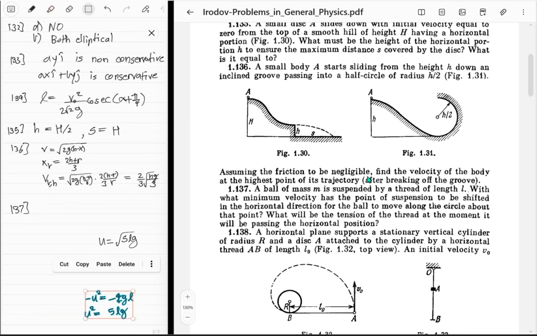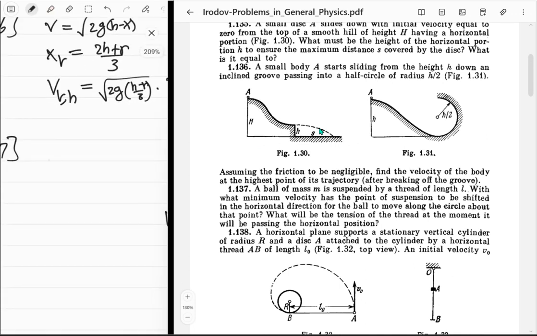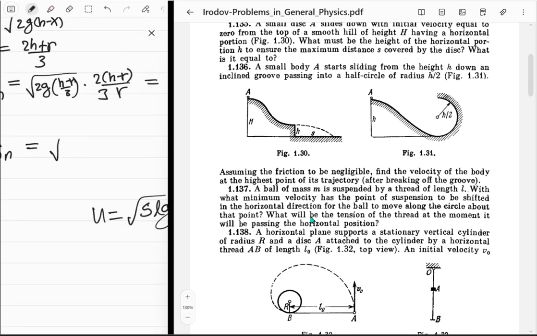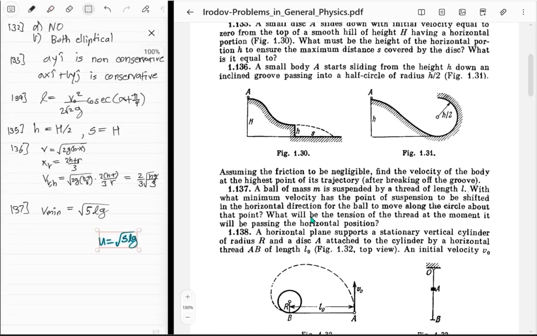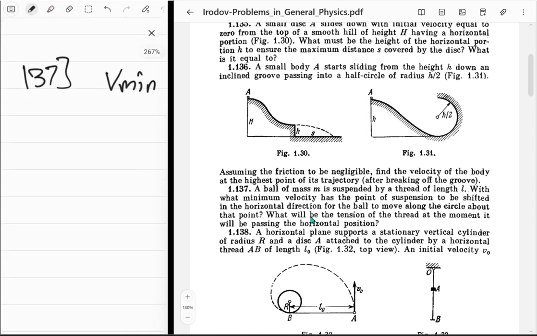This is the first time that I've actually done this kind of analysis, where I've not taken the space frame, but the frame of the actual point. So it has to have velocity. You didn't write a symbol for the main velocity. I'll just say v main is equal to square root of 5Lg. Nice. I'll remember that.